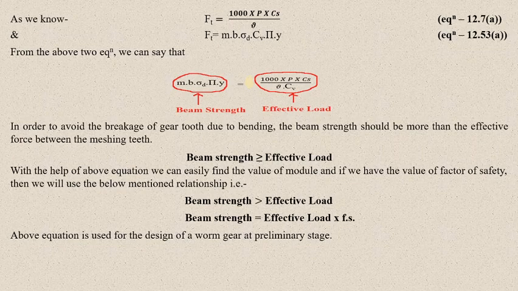But if we are considering the factor of safety, then this is the required equation, that is beam strength should be greater than the effective load. We can write this as beam strength is equal to effective load into factor of safety, and this is the required equation for the design of worm gear.